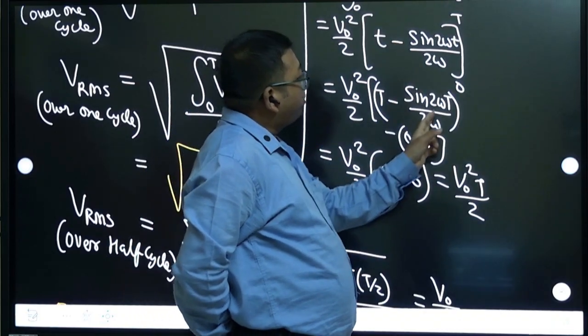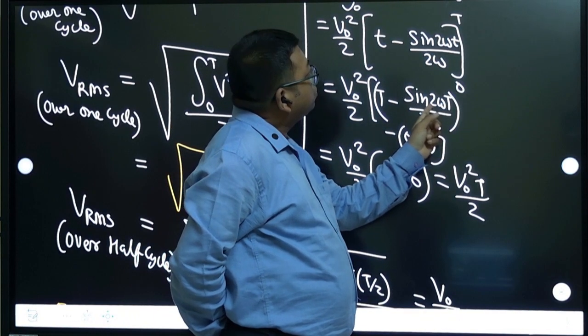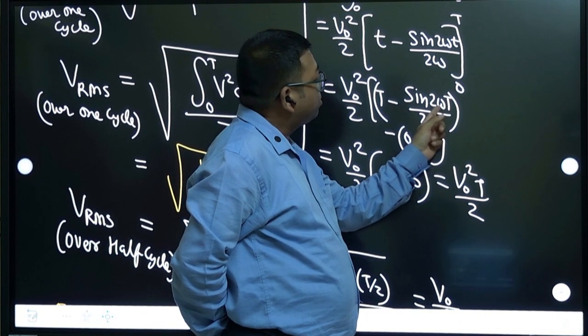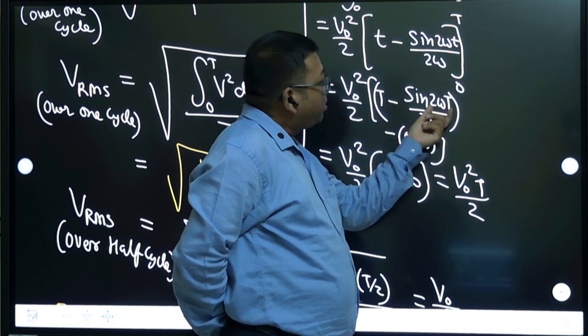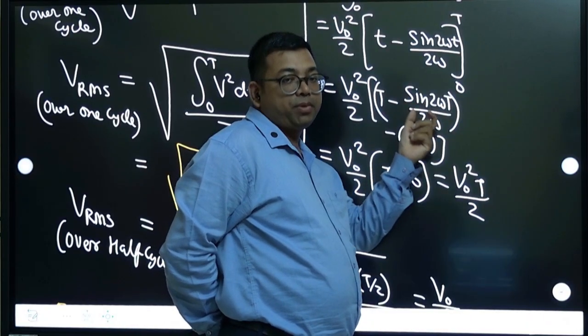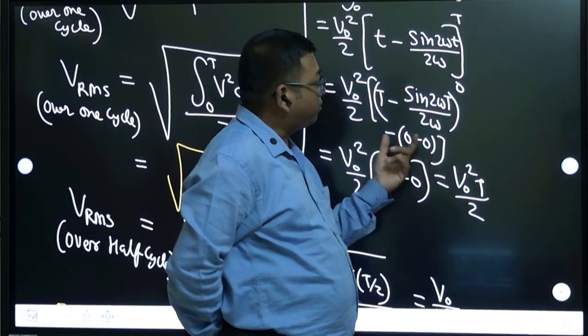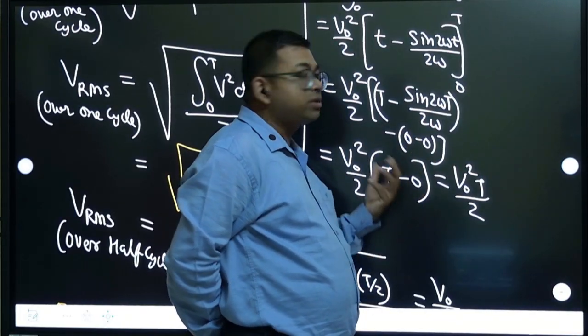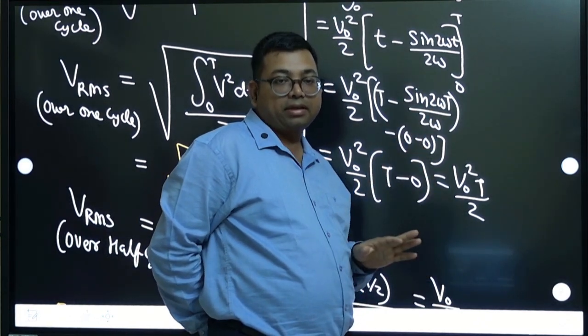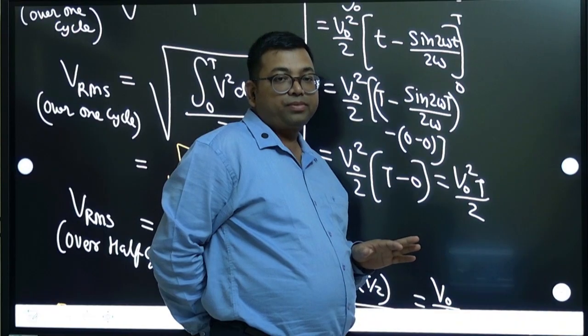Now tell me, 2 omega T by 4 means omega T by 2. So this will come sin pi. Again it will be 0. Yes, you are correct. So for even quarter cycle also same result will come, because the second term is going to be 0 in that case also, right?